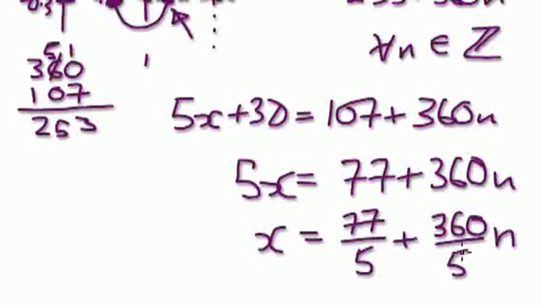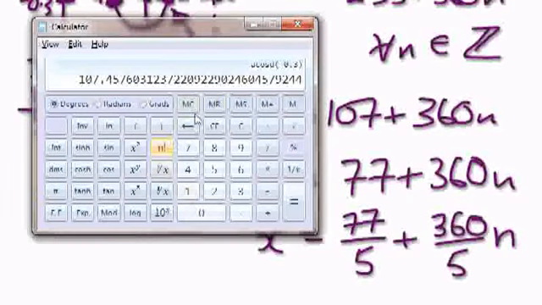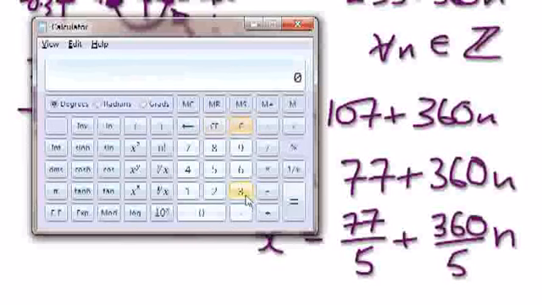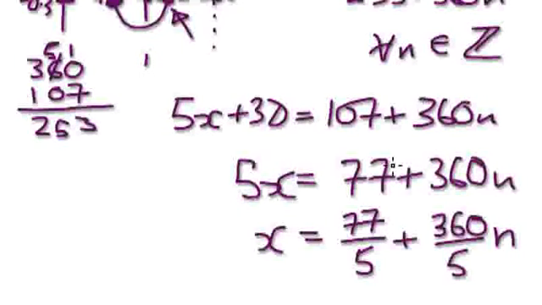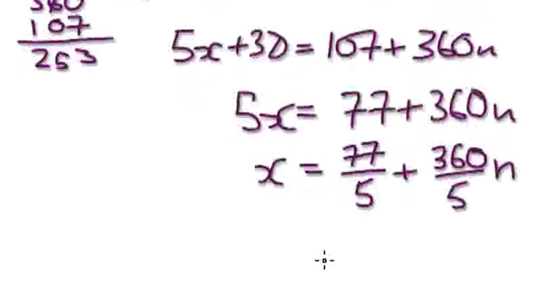Does this simplify? Yes, it should simplify. Let me jump to my calculator: 360 divided by 5 equals 72. So this here simplifies to 72.